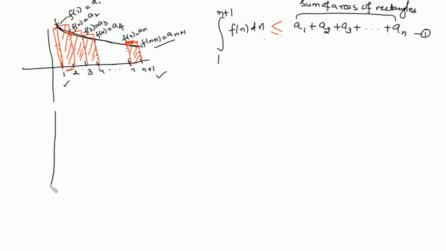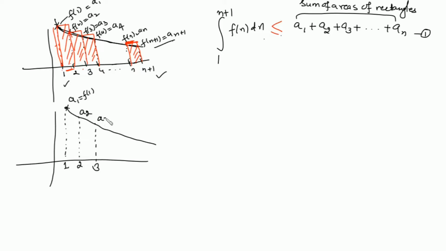right? Now just see again, you are given that your function is continuous and decreasing. The first term corresponding to 1, you will have this as your function value. Corresponding to 2, this is a2. Corresponding to 3, this is your a3. Corresponding to n minus 1, this is your an minus 1. And corresponding to n, this is your an.